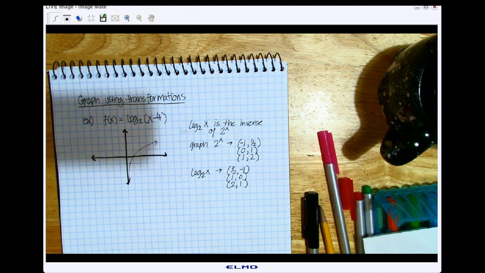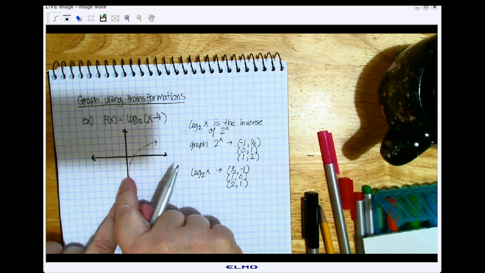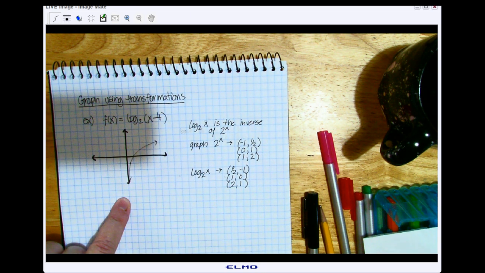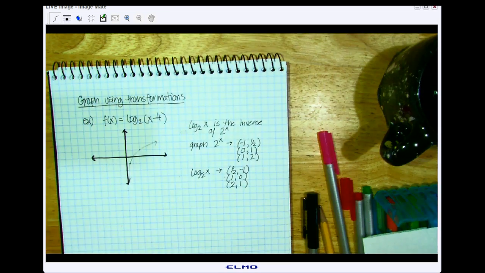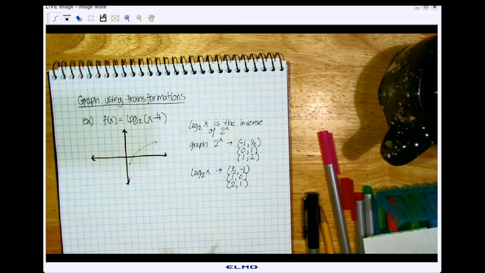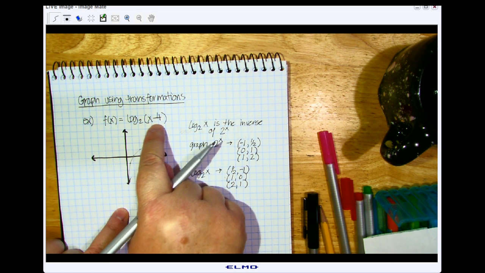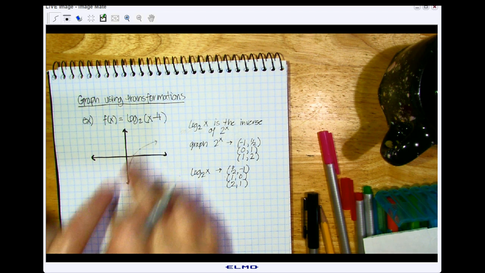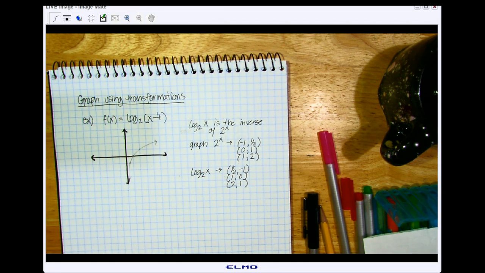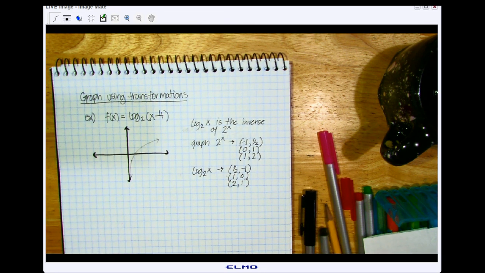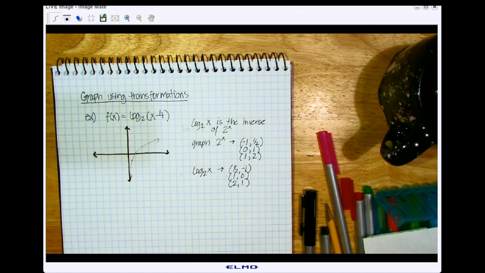Okay. Now you know how I got this graph. All right. Now, what's the -4 inside there going to do to this graph? It's going to move it right, forward.